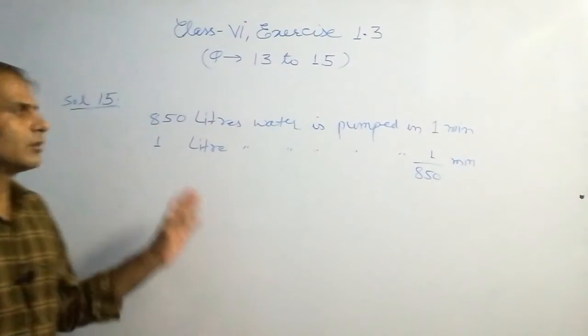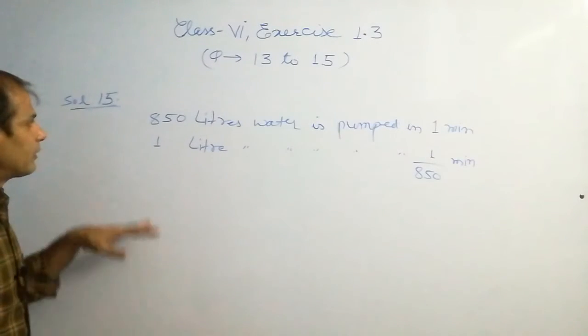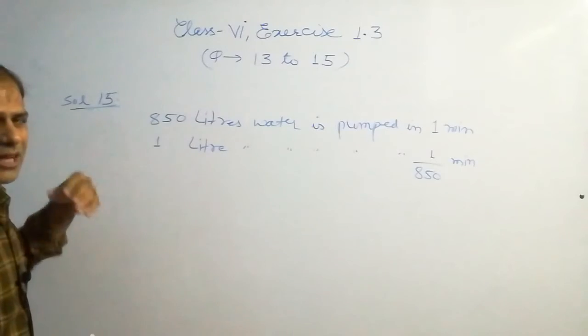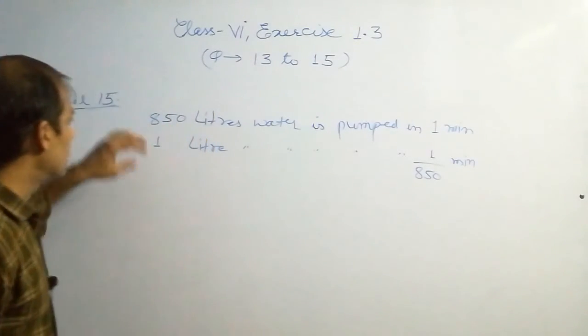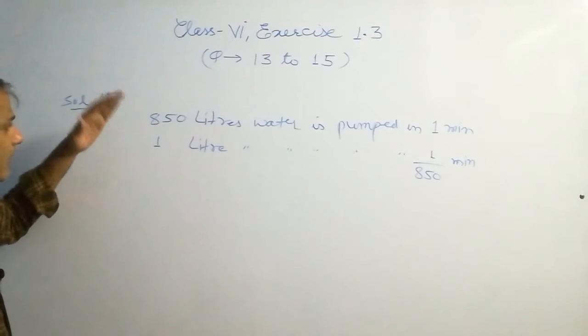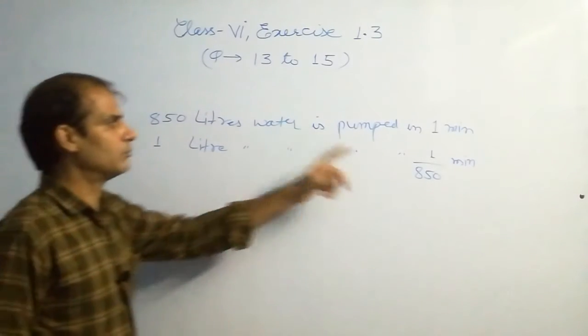It is just a unitary method, okay, because when you have to calculate the amount of 1, then you have to perform the division, because it is more than 1 and we are going to find about 1 unit. Whatever, if there is something 1, then perform the division.